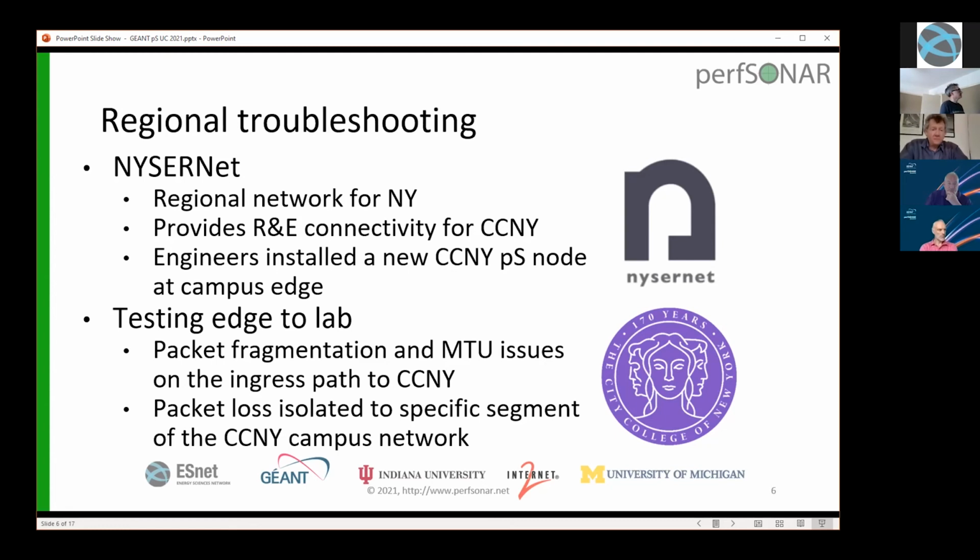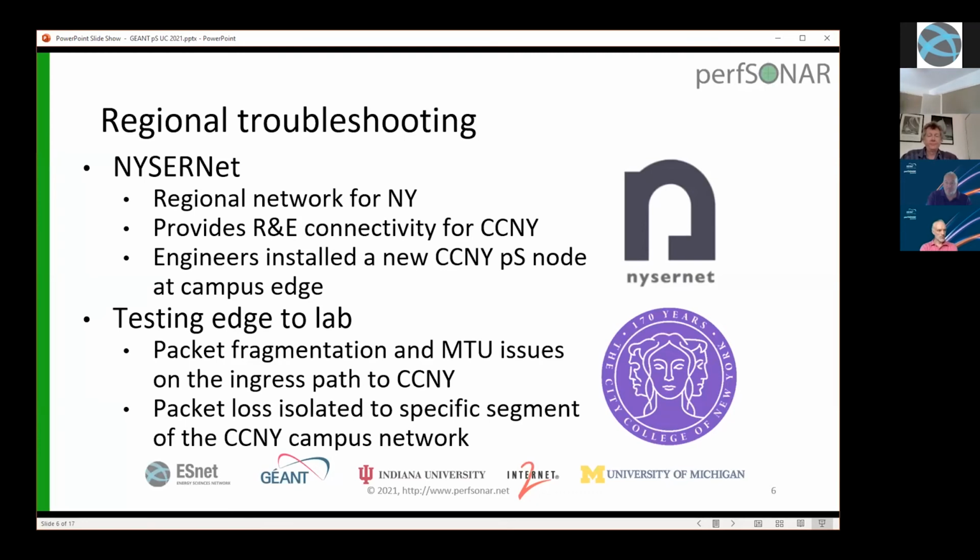And we actually found on the ingress path to CCNY, we found MTU issues and packet fragmentation. We had the MTU set to 9,000 for jumbo frames, and not consistently, it wasn't every packet, but some of the packets going through were getting fragmented, cut into smaller pieces.